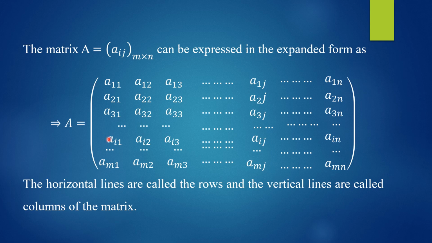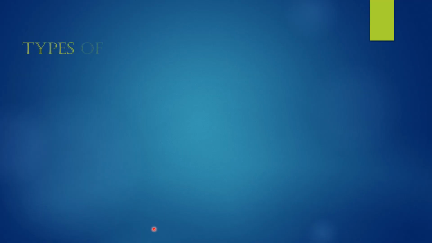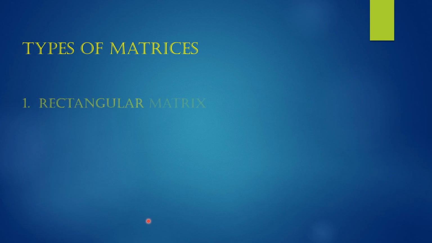Okay, so we go to the next section. Now we are going to discuss types of matrix. What are the different types of matrix? The first one is the rectangular matrix. Rectangular matrix means the shape of the matrix is a rectangle.